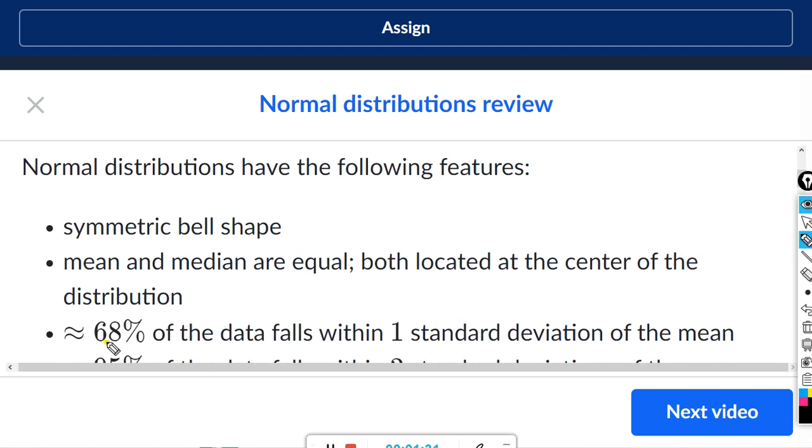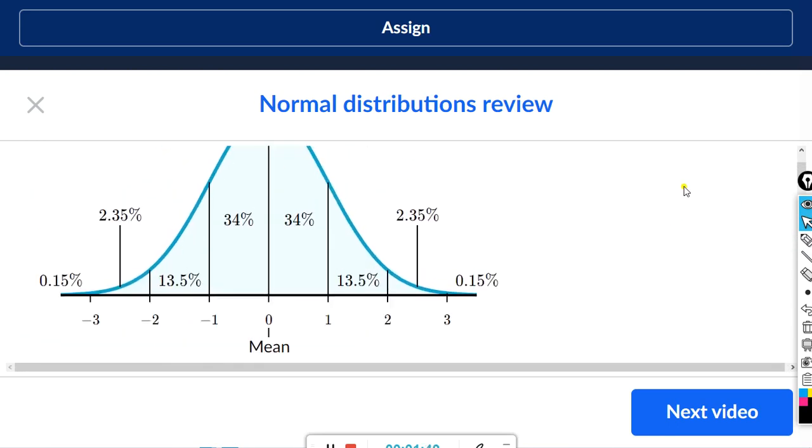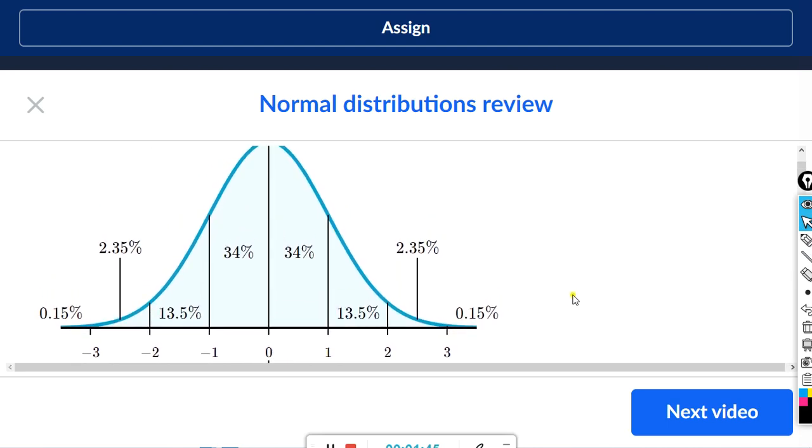Now, it says that 68% of the data falls within one standard deviation of the mean. Here's our mean at 0. If we start at the mean and go one standard deviation to the right and one standard deviation to the left, we are at z equals 1 and z equals -1.